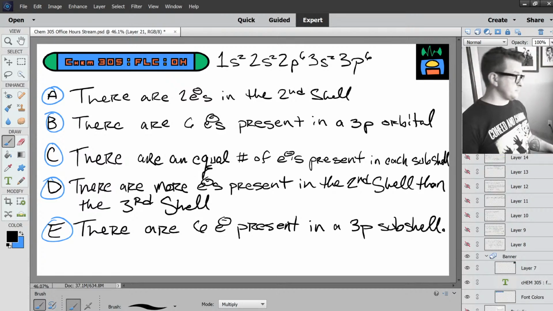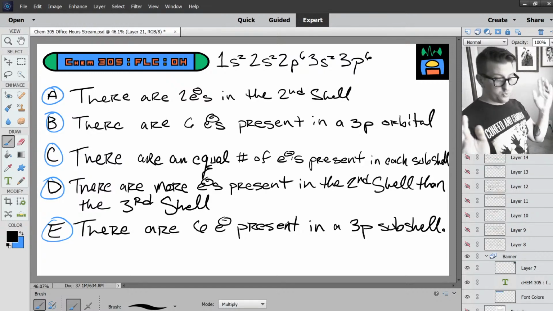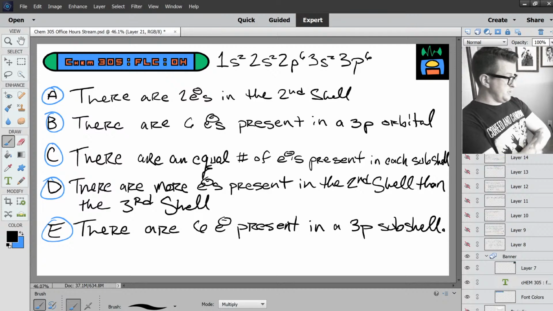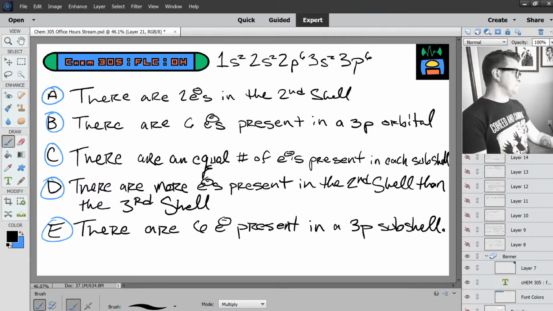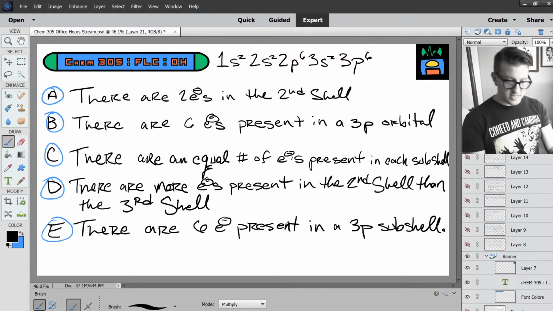All right. Okay, and again, just because I read this problem like forever ago, and now we're just getting back to doing it. So this problem says, which of the following statements is consistent with this electron configuration?